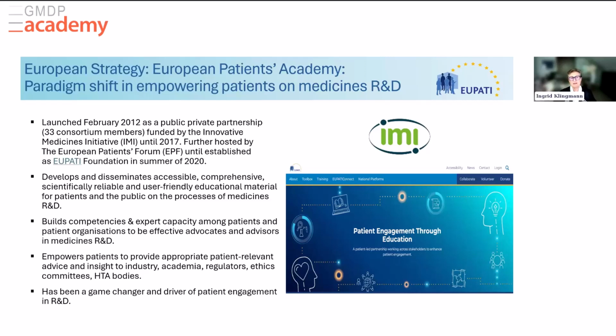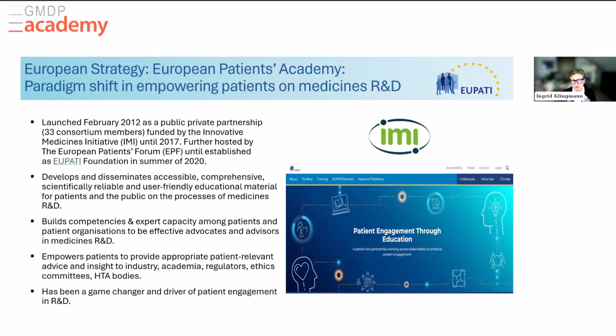In this way, a snowball principle was created with this core of diploma-type educated patients, later called UPATI fellows, who would then help to educate other patients and provide material and learning opportunities for patients with the different diseases in their different countries.